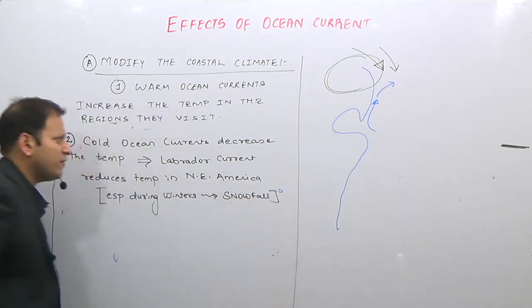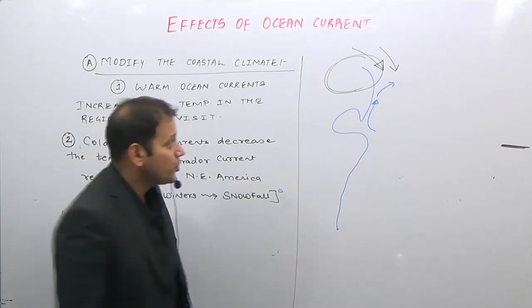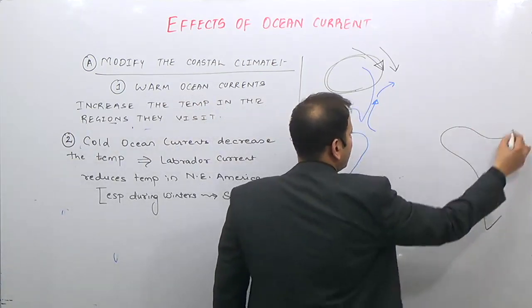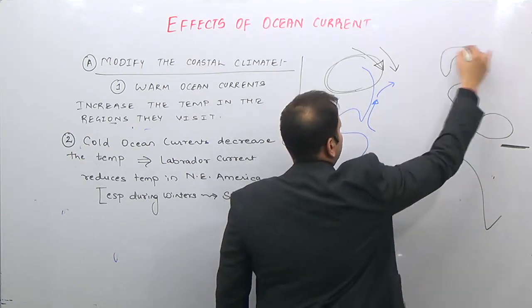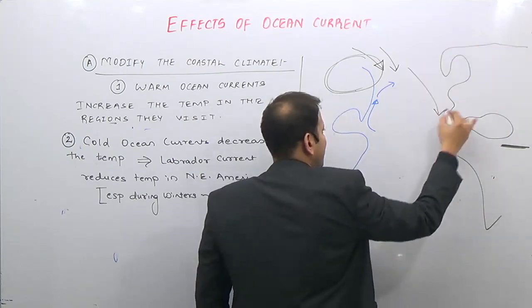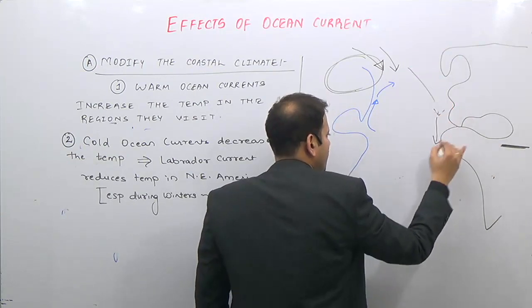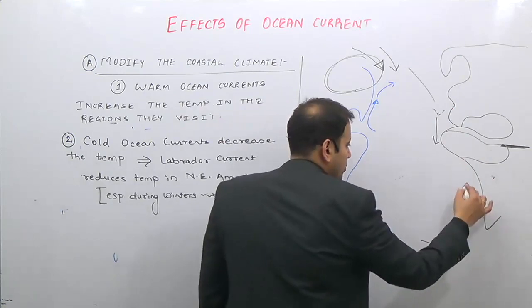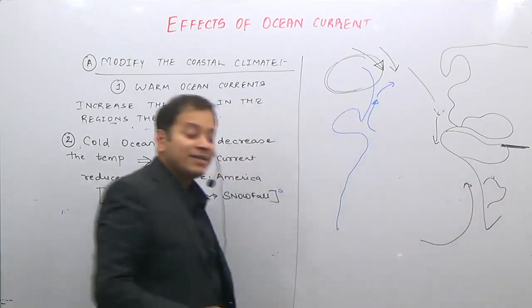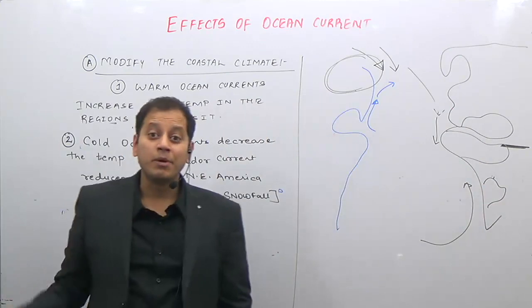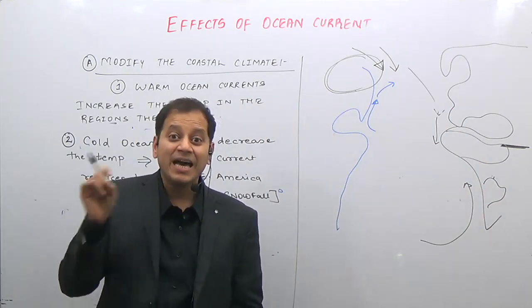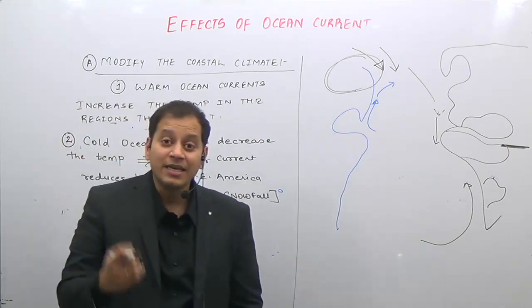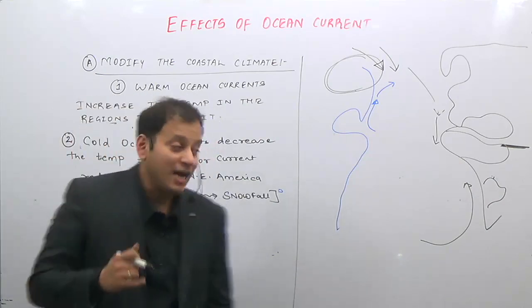What is the other effect of a cold ocean current? I am taking the help of only the Atlantic Ocean. In these regions, the cold ocean will promote aridity, or no rainfall. They will promote a high pressure zone, causing aridity and desert-like conditions in the tropical regions, in the high pressure zone.